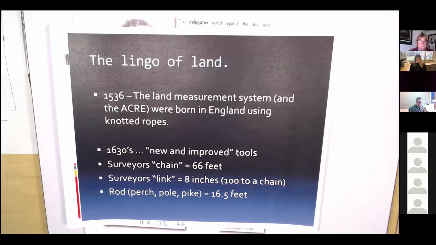You're not going to very often run into a chain or a link in a legal description, but you very well could see a rod used as a unit of measurement in a modern legal description. They also called rods other things like a perch or a pole or a pike, and who knows where those came from. But a rod as a unit of measurement is 16.5 feet.